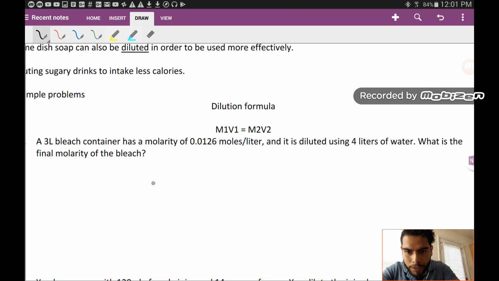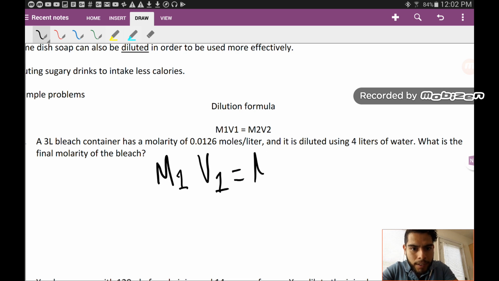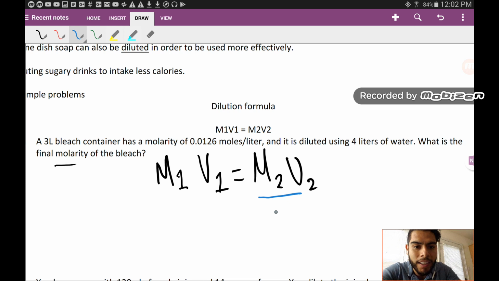Let's write it out. We have molarity 1 times volume 1 equals molarity 2 times volume 2. They're asking us to solve for the final molarity, that's molarity 2. To solve this, we can divide both sides by V2, because that gives us V2 divided by V2, which equals 1.